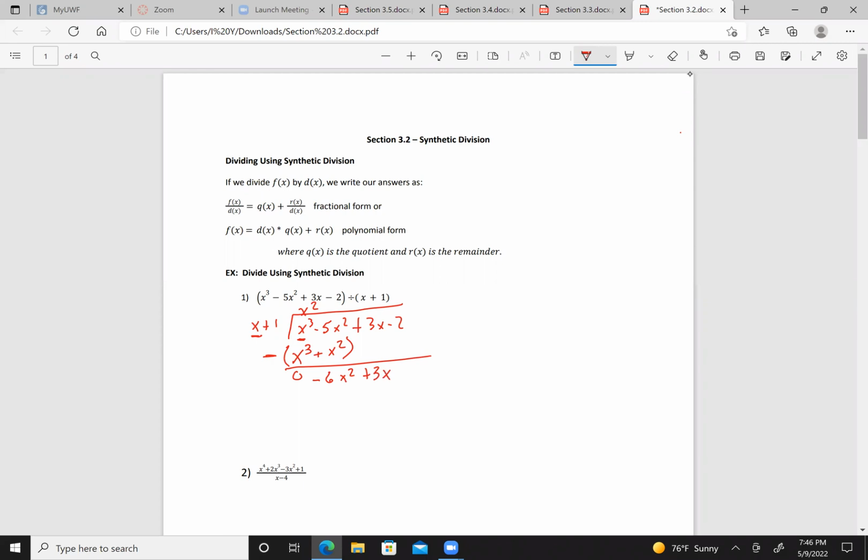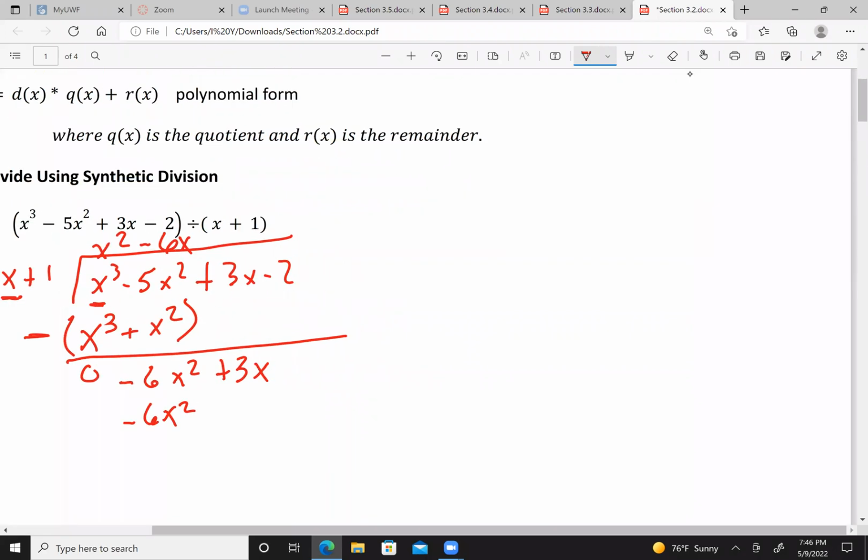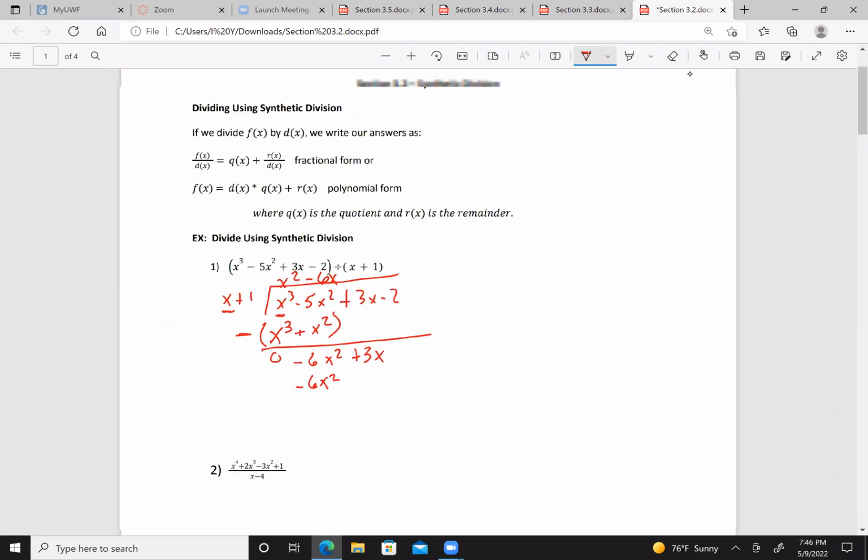Okay, now what times x will give me negative 6x squared? That is simply negative 6x. So negative 6x times x is negative 6x squared. Negative 6x times 1 is minus 6x.